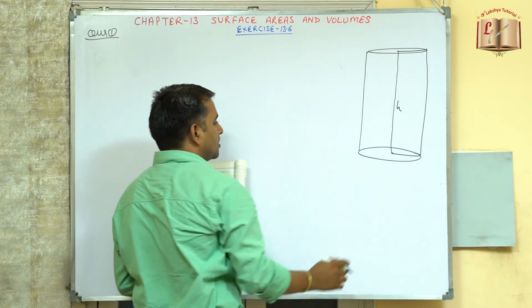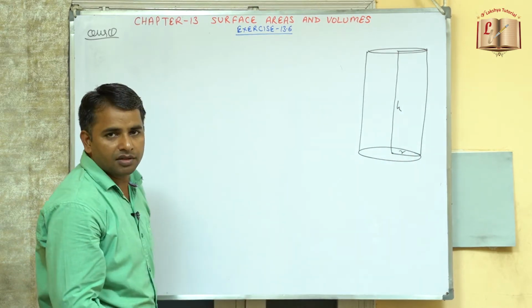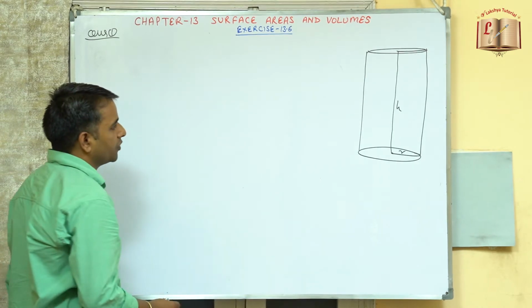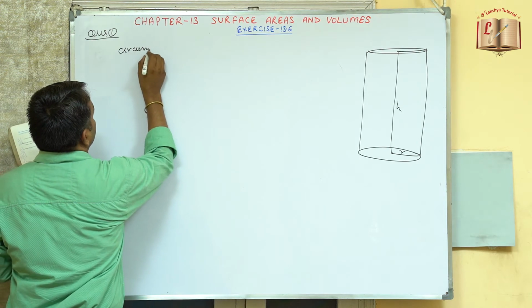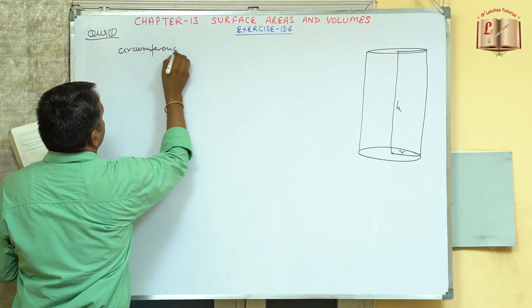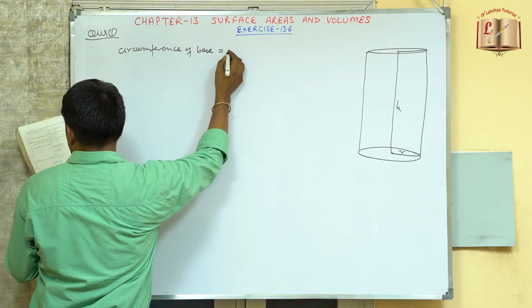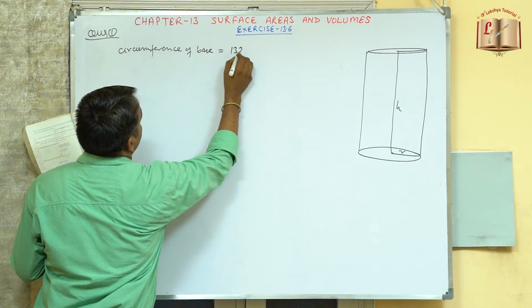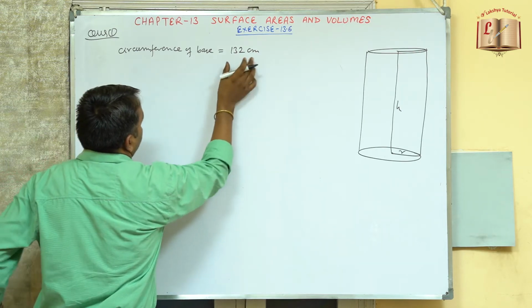Now the circumference of the base is already given to us and we need to find out first of the R, because R and H both are required to find out the volume. So circumference of base, this is already given to us, this is 132 centimeters.